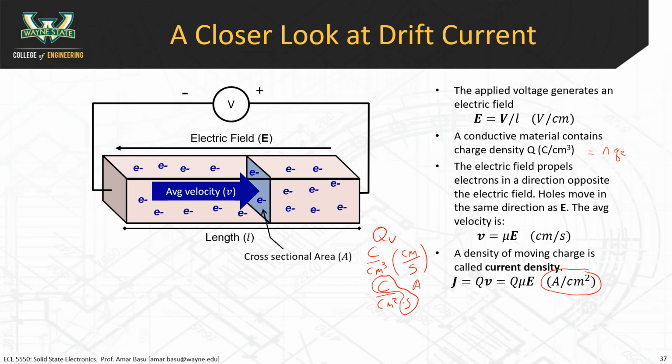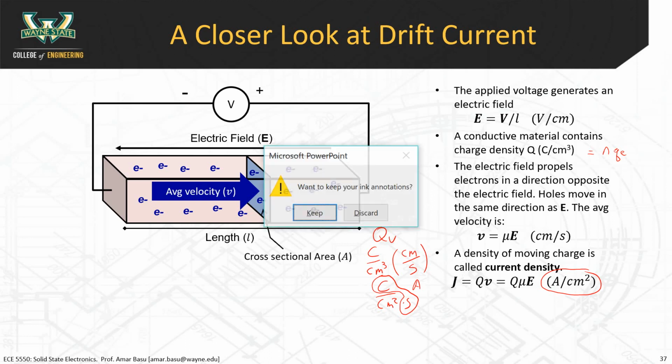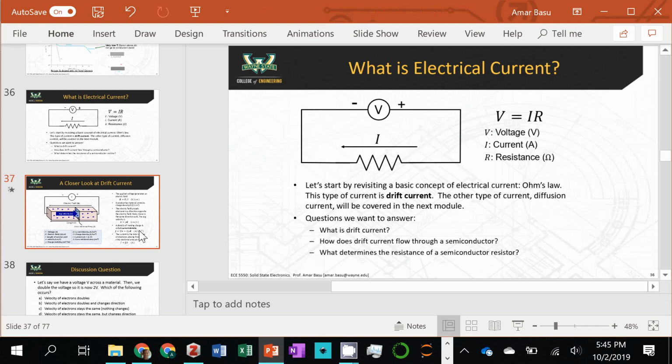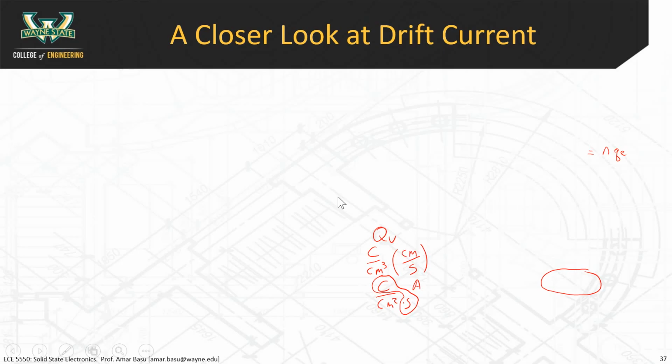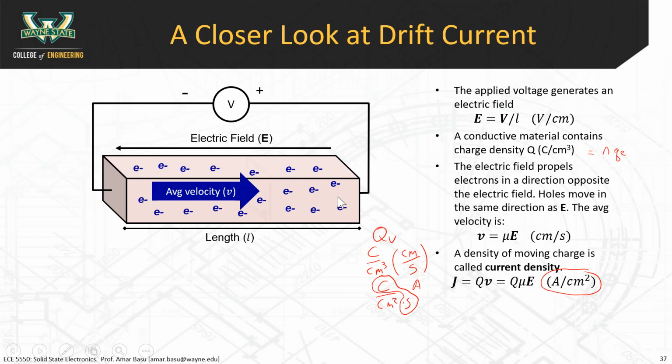And the way that you can kind of think about current, when we say coulombs per second, what are we actually talking about? If you imagine a cross-sectional area A, all right?